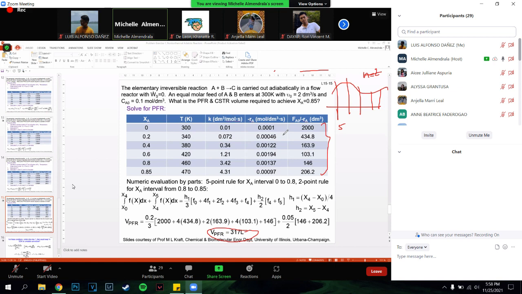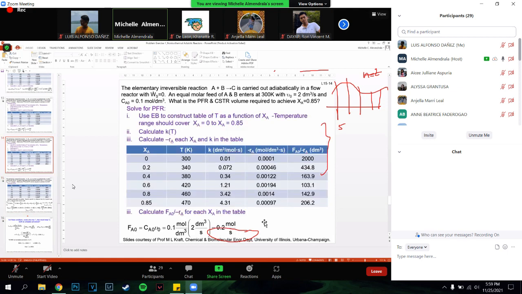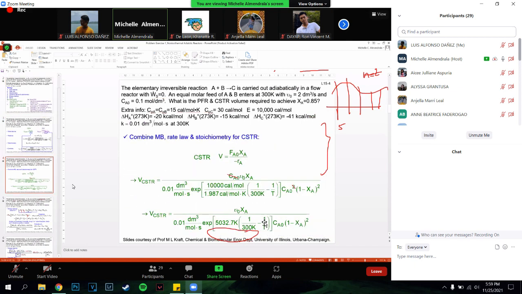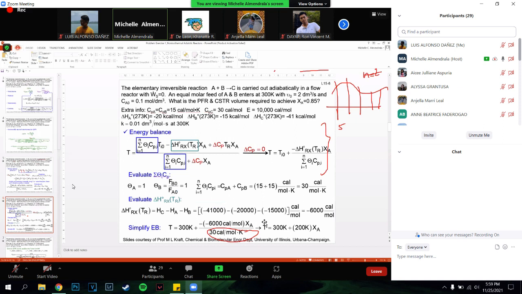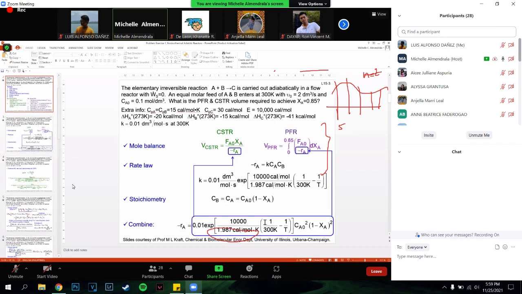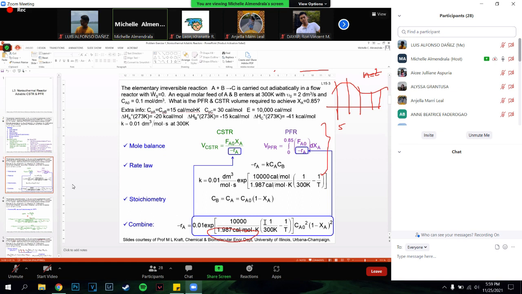PFR against CSTR, let's compare later. So when you compare the results, both PFR and CSTR, 317 for the PFR, and for the CSTR how much? The volume. Where is our CSTR? 175. Is this still liquid? Let me try if it's liquid. Why didn't it say? Usually it's liquid. When it's liquid, usually the volume of the CSTR is lower.